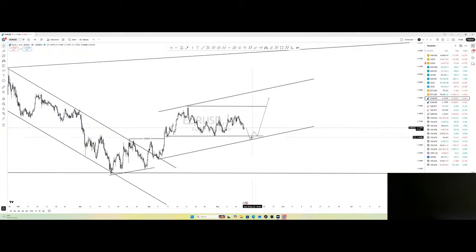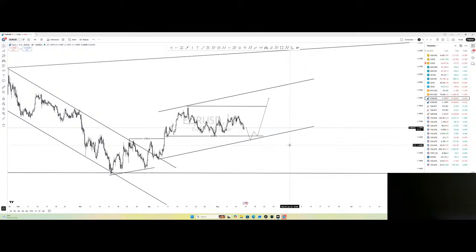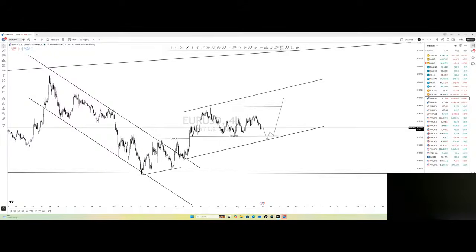So I think we have to wait for price to tap in these lows, for this is our demand. Let's wait for price to come in this area. You can see there's quite a number of rejections in this level. So it's called double confirmation. There's strong support there and also support of the trend.